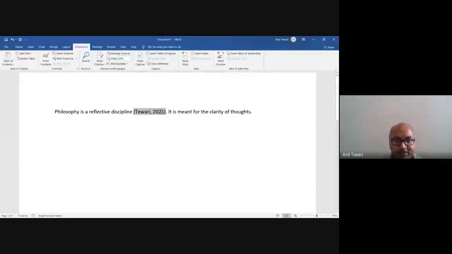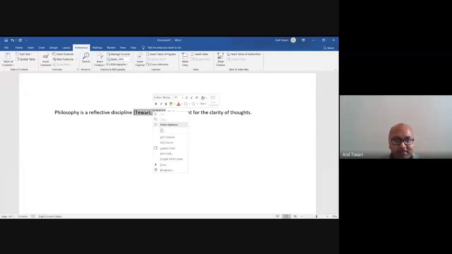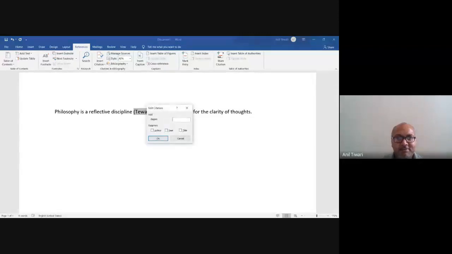When you click here, right click, and then edit citation. So when you click here, edit citation, this will open. So suppose you have taken this particular sentence from page number 44. So you write 44 and then click OK. So it will simply take that you have taken this sentence from this source, and that is appearing at that page number.